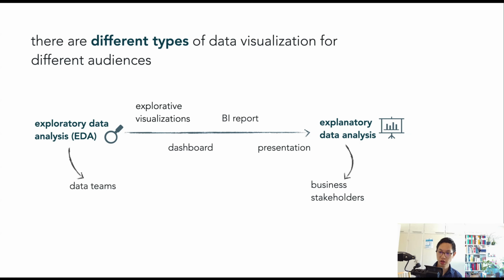You pick one or a few visuals that you find quite meaningful and impactful, and you go through a data storytelling process to make it even clearer, make the message stronger and tailor-made to the business stakeholders or to your specific audience. So you have different types of visualizations, and it's for different audiences, right?